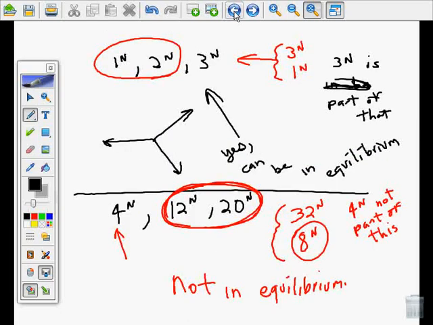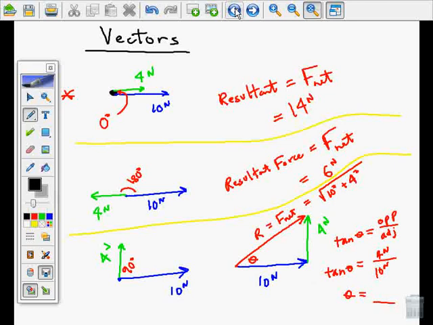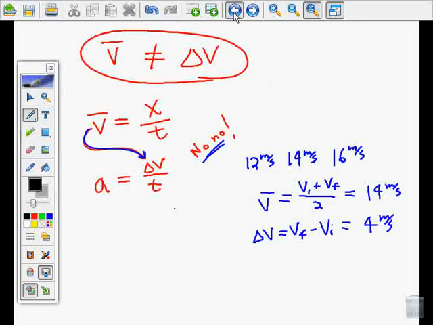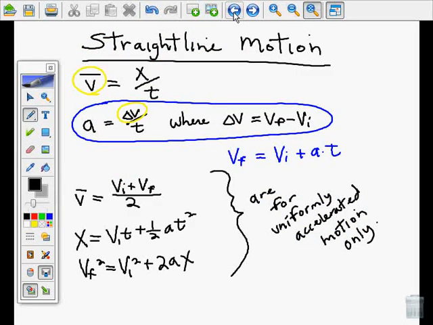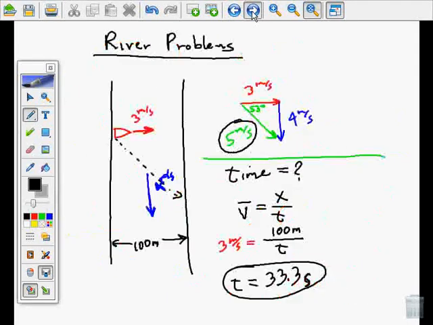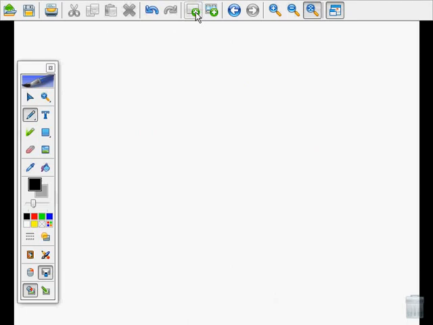So now that we've discussed vectors and how to add those up, and we discussed the motion formulas, we reached one of the most powerful formulas of the first quarter, and that is Newton's second law. Because Newton's second law is the big bridge.